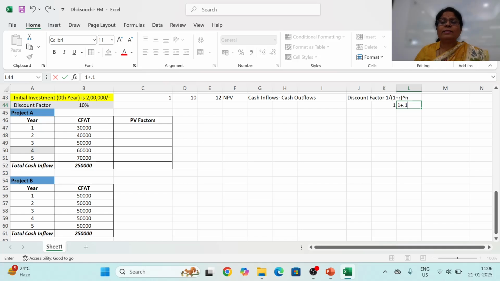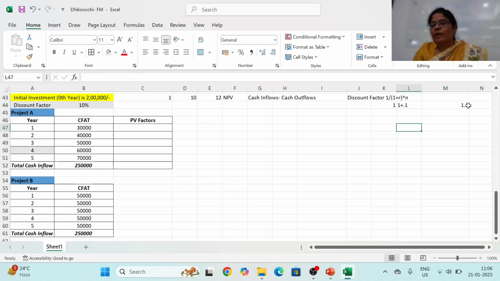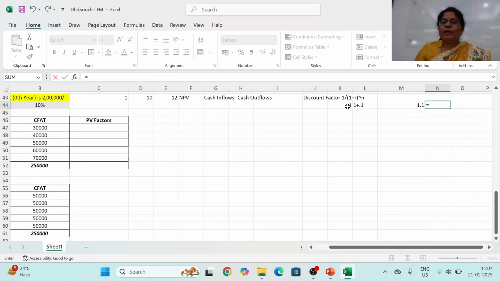For the first year we take the power 1, and anything to the power 1 is itself. The denominator total is 1.1. Now I'll calculate the discount factor: the numerator divided by the denominator gives you 0.90901.